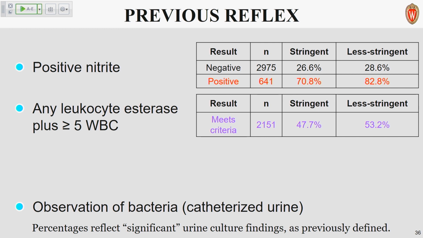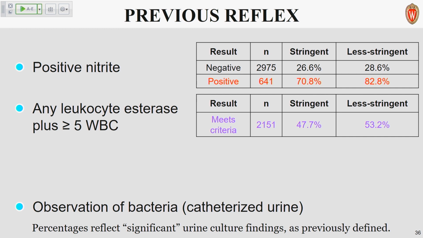And then another option was any semblance of leukocyte esterase plus a microscopic finding of at least 5 WBCs, and then observation of bacteria, any bacteria in a cath urine. Those were all parameters that could result in a reflex to culture. So in the old days, in the old reflex culture, the predictability of a positive nitrite result, again, was between 70 and 80%.